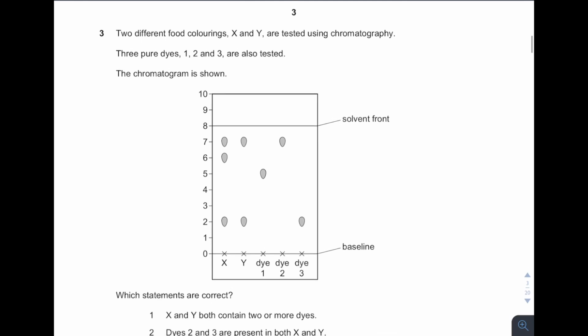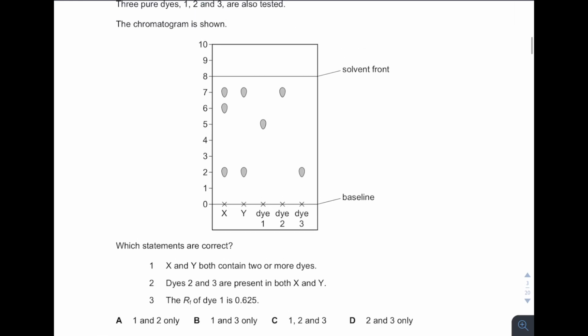Q3. Which statements are correct? X and Y both contain 2 or more dyes. Yes, it is, see, 3 and 2. So the first statement is correct. Dyes 2 and 3 are present in both X and Y. Correct.